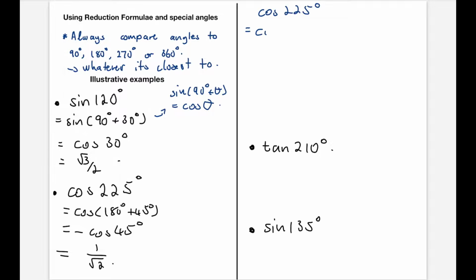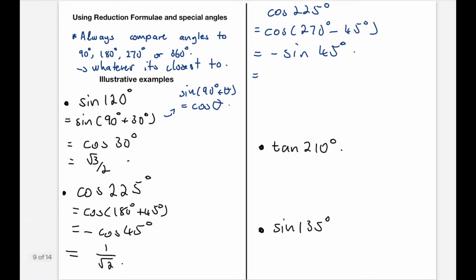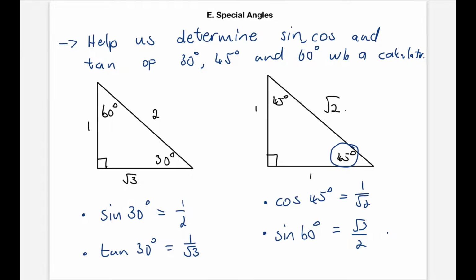So I can actually rewrite this as the cos of 270 minus 45. It's 270 minus 45, that's 225. Now that said, what do you do when you see the cos of 270 minus an angle? Well, you reduce it to negative sine that angle. That's what we learned in cofunctions. And what is negative sine 45? Well, sine 45 would be opposite over hypotenuse.